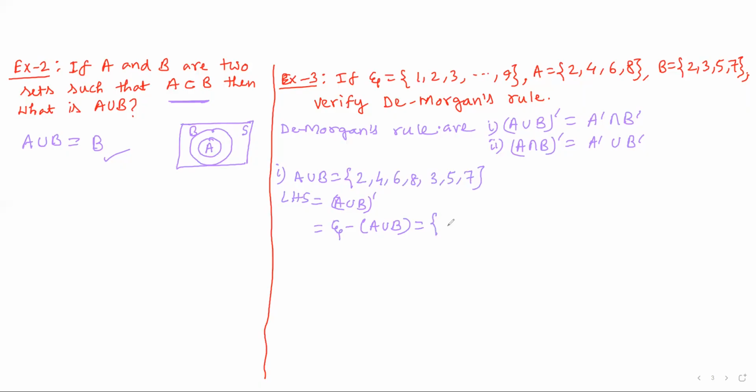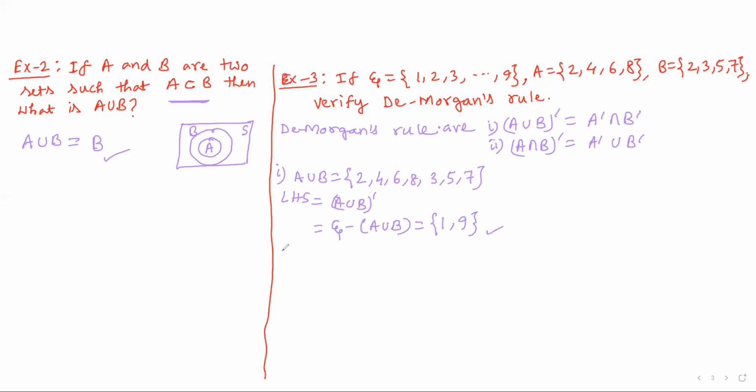From that set we have to remove 2, 4, 6, 8, 3, 5, 7. So what are the remaining parts of the universal set? 1 is remaining, 2 is removed, 3 is removed, 4 is removed, 5 is removed, 6 removed, 7 removed, 8 removed, and 9 is remaining. So this is the left hand side portion.